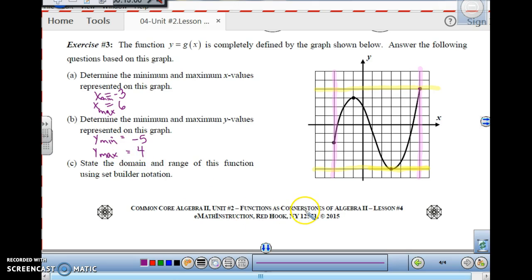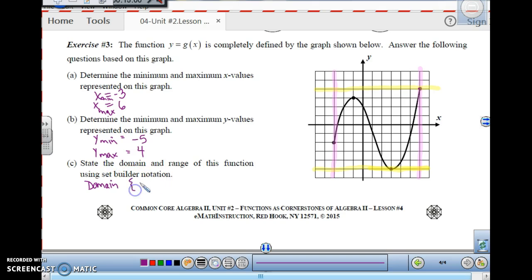Okay, so notice this box that I created. The left and right, with the x values running left to right, from lowest to highest, would be the domain. The y values from lowest to highest would be the range. So if I want to state the domain and range of this function using set builder notation, that's using the inequality symbols and stuff. So the domain, where do the x's fall?